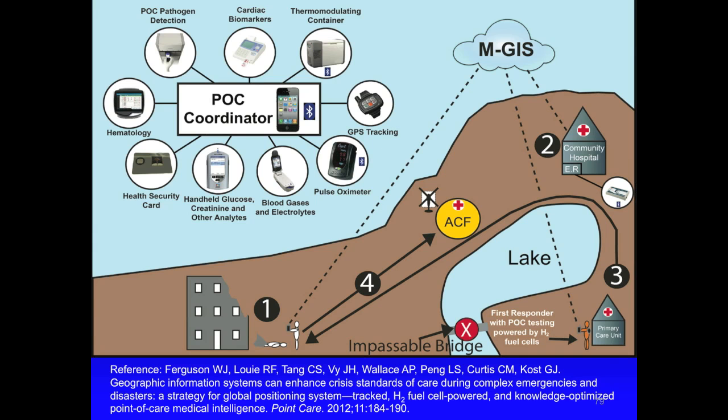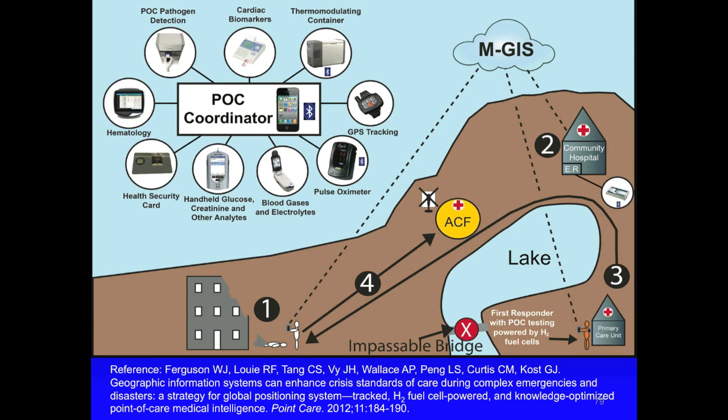Slide 79 provides you with a little look of what we think will be the future of the point-of-care coordinator, who in the upper left you'll see will be facilitated by actual device connectivity, telecommunications, Bluetooth, and other forms, such that in the right area, should a disaster hit, there will be a kind of cloud. That's our medical GIS, Geographic Information System, that will be talking to all these different locations.